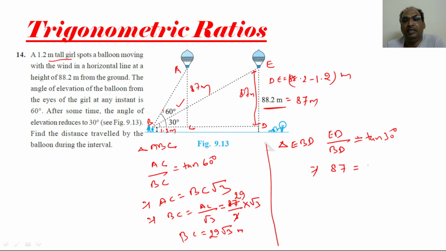So BD is BC plus CD, right? Whereas CD we do not have at present.